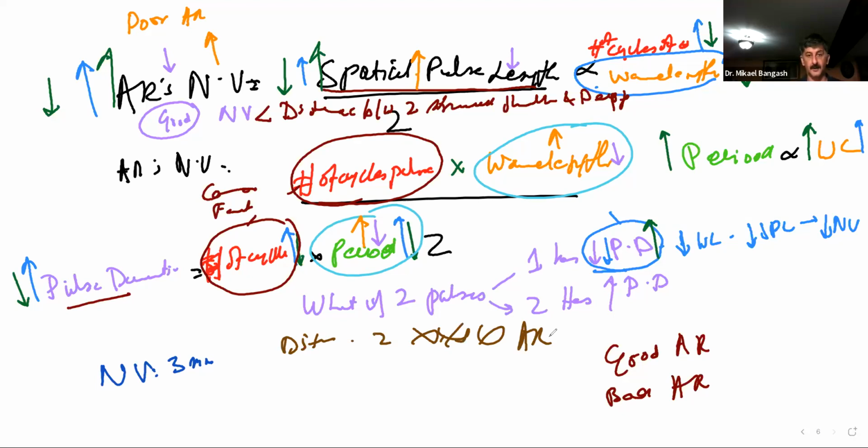Whereas if it was the same structures with the same distance of, let's say, 2 millimeters, but the numerical value here was anything less than 2 millimeters or even equal to 2 millimeters, that is at least a good axial resolution for these two structures here.